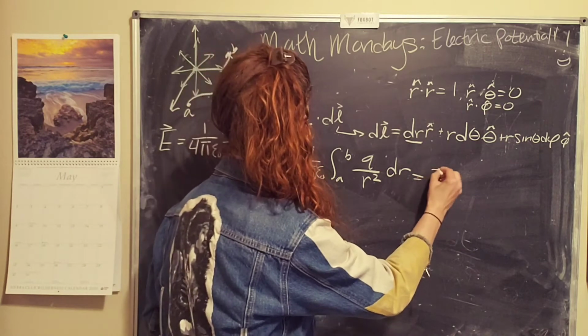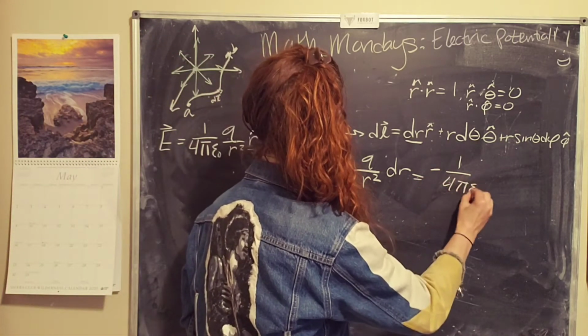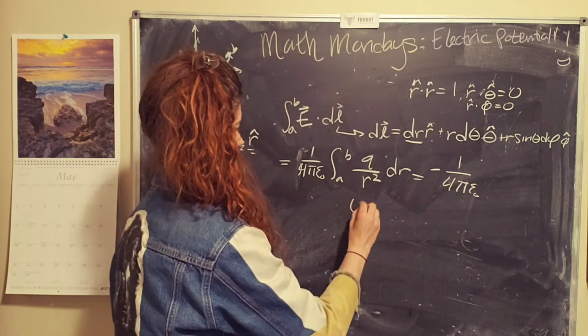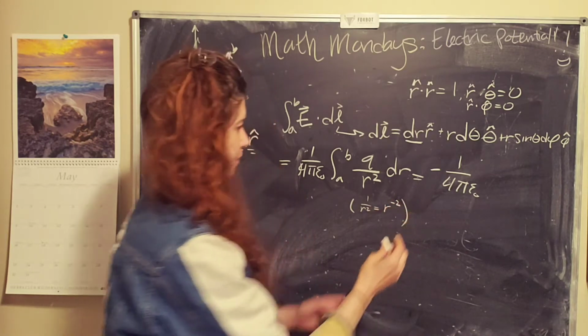And this is going to give us a negative 1 over 4 pi epsilon naught, because remember, 1 over r squared equals r to the negative 2.